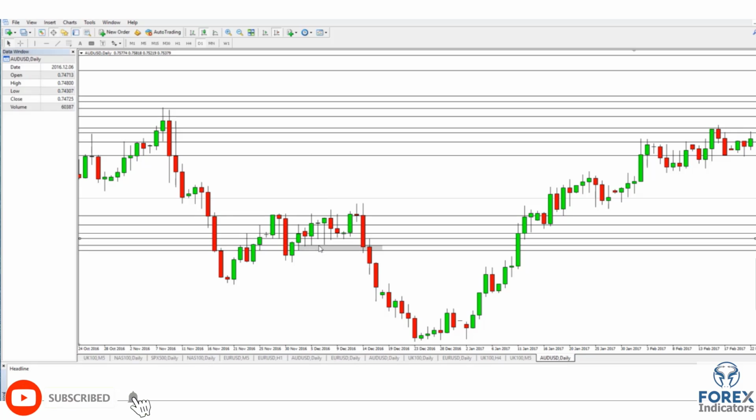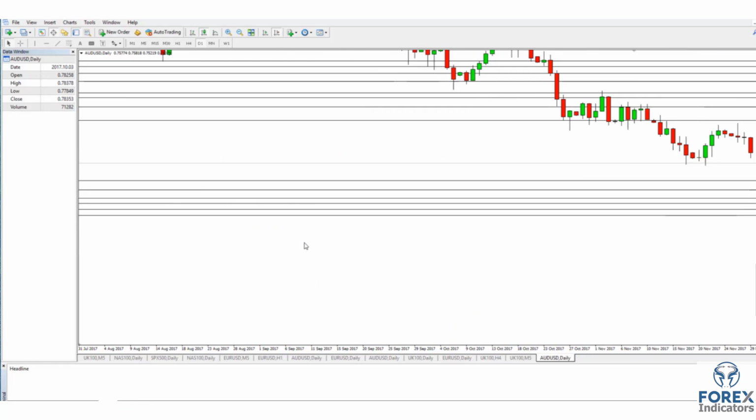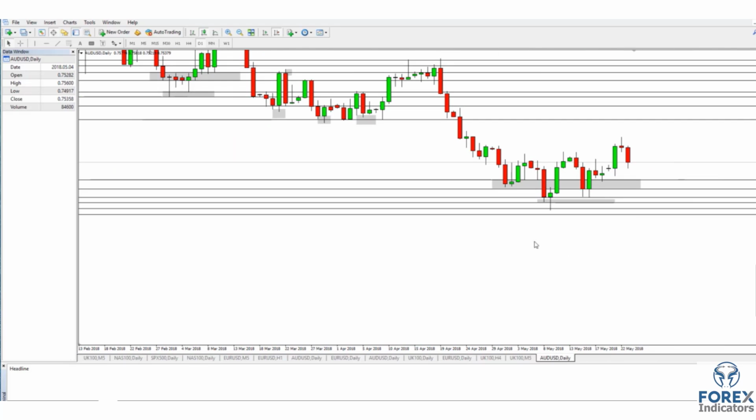So spike, spike, spike, and spike down, ever so slightly up. You've got your level. And then you can start working your way even further down. So we go all the way back. Okay, yeah, so that's pretty good with the spike down. We'll do these points here, and then that'll pretty much be us for this market.